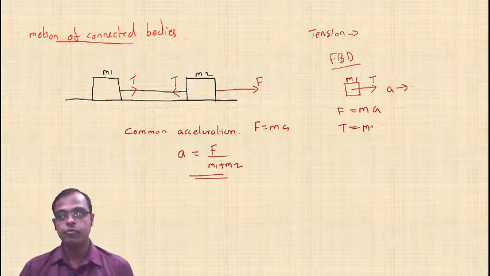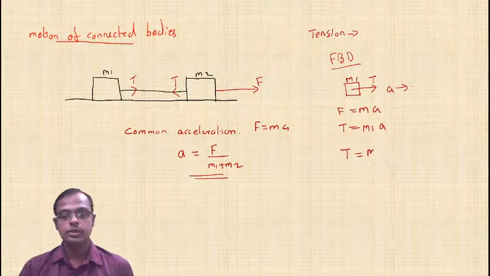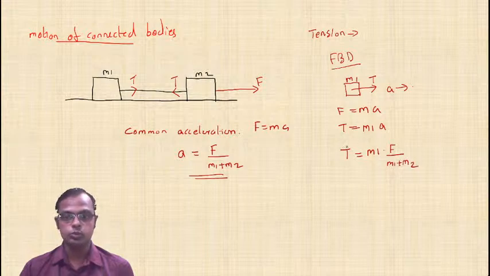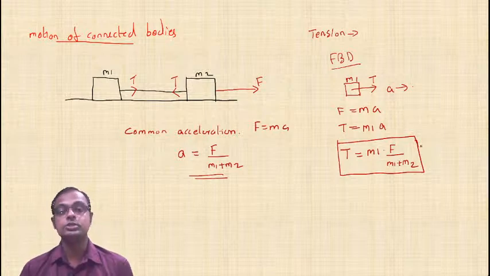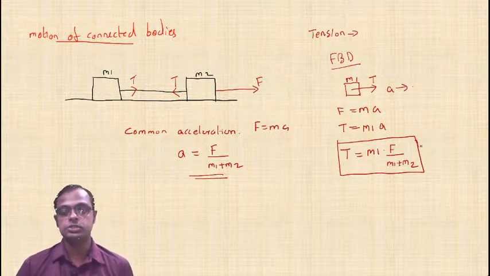The acceleration is common, so acceleration is F divided by m1 plus m2. So tension T is equal to m1 into F divided by m1 plus m2. I hope it is clear. So this is how to calculate the tension in the string. Tension is a force acting in the stretched string.